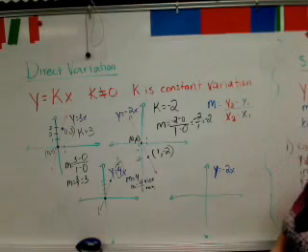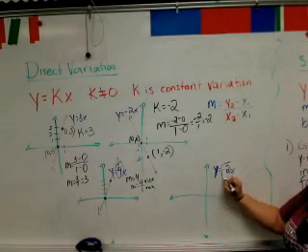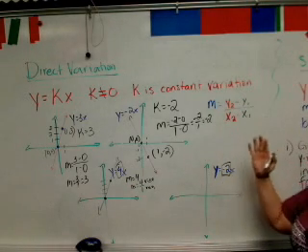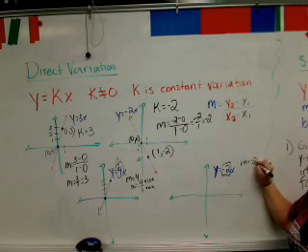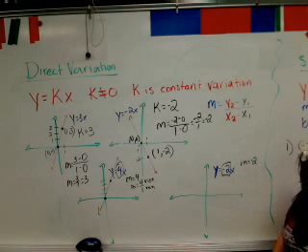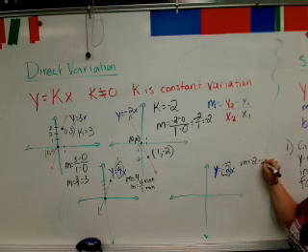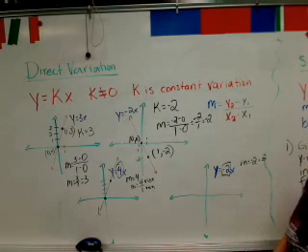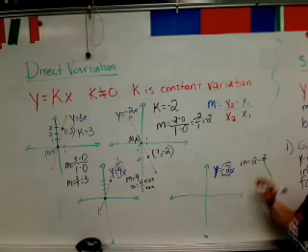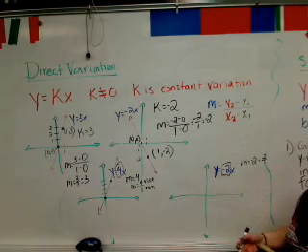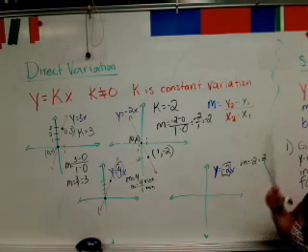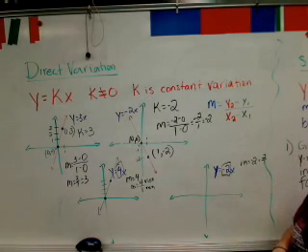This one is a little bit different, but we use the same concept. Negative 2 is our constant variation, which we also know is our slope, m equals negative 2. You can rewrite negative 2 as a fraction, negative 2 over 1. All right? So that means our rise is negative 2 and our run is a positive 1. If we're rising negative 2, that doesn't mean we're going up. That means we're going down, right?